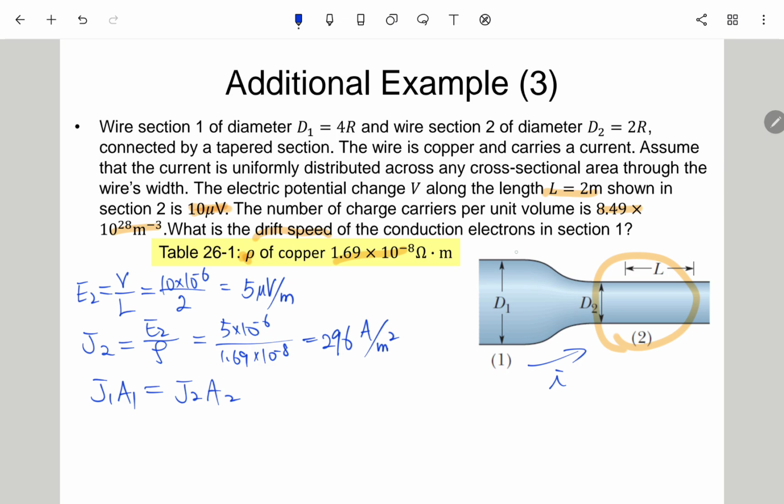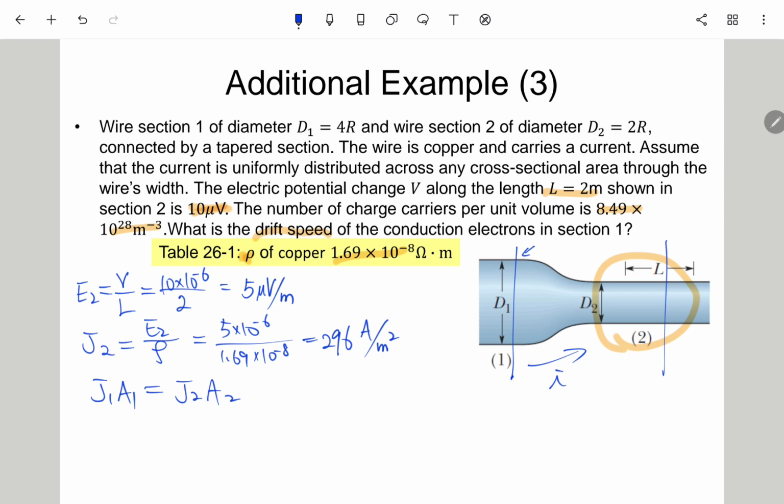The current going through the path should be the same. If we cut a cross-section area here, the I here should be the same. The I for both sections should be the same, and for both cases I equals JA. So for section 1, J1A1, for section 2, J2A2.